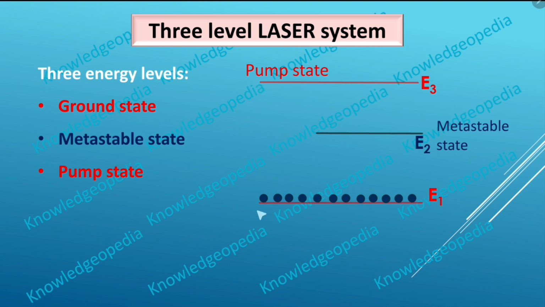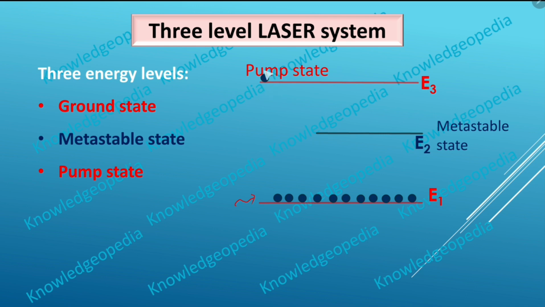If we incident some radiation whose energy is equal to E3 minus E1, then these atoms will be pumped, or they will transit, from energy level E1 to E3. If this atom absorbs this radiation, it will move to energy level E3, and the energy of this incident photon is equal to E3 minus E1.